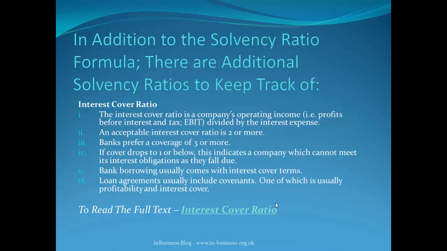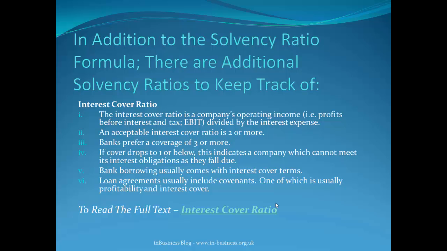So let's have a look at some other formulas or ratios that a company could look at. Firstly, let's have a look at interest cover ratio. This is something that banks are quite keen on. Interest rate cover is a company's operating income, i.e. profits before interest and tax, or in other words, EBIT, and this is divided by the interest expense. An acceptable interest cover ratio is 2 or more, but banks prefer a cover of 3 or more actually.